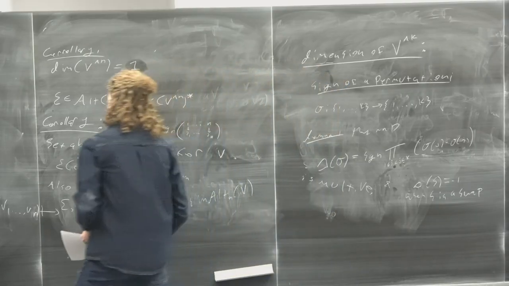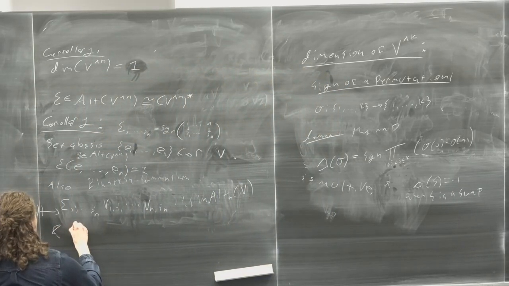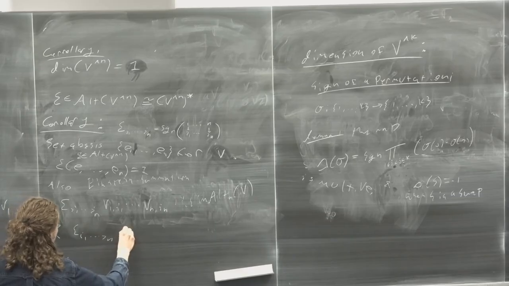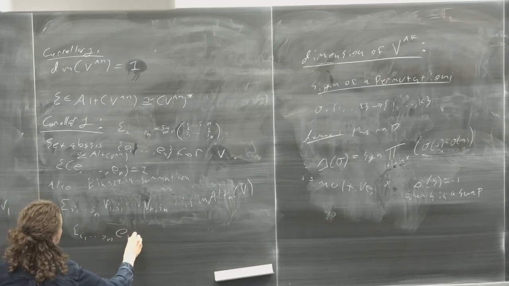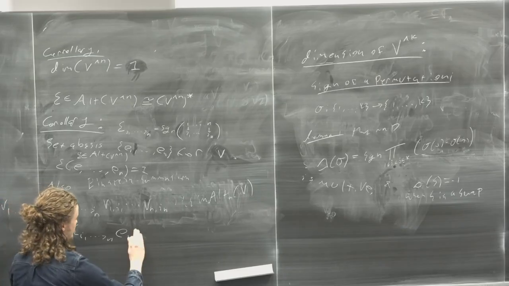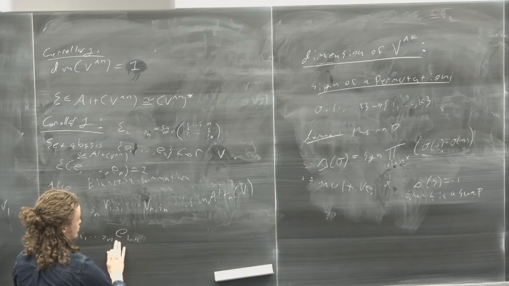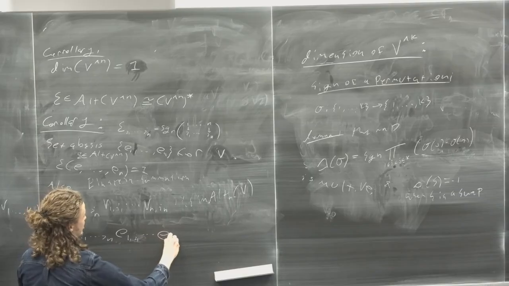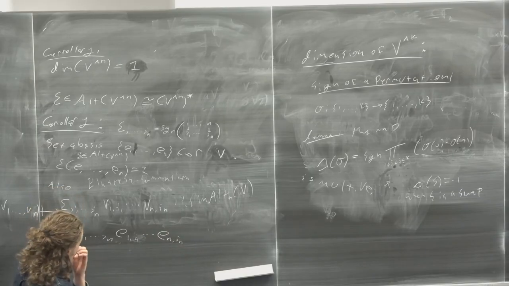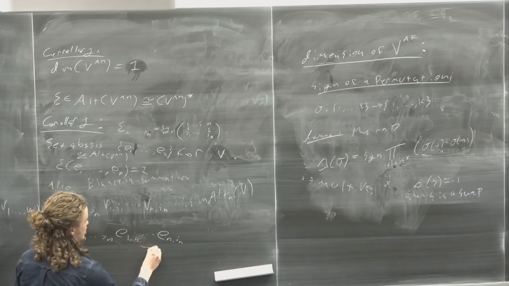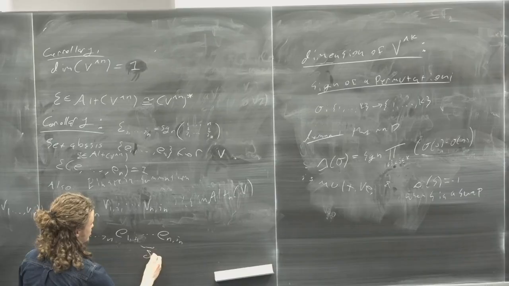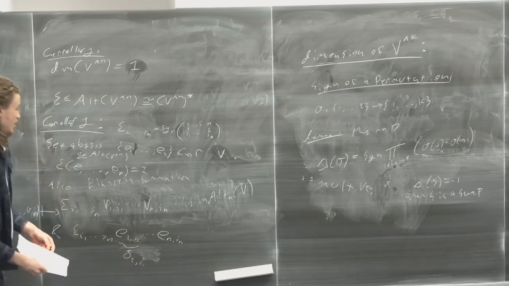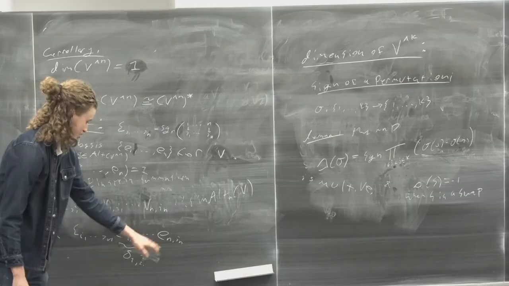And epsilon I1 up to In of E1 I1, this is the I1th component of the first basis vector, multiplied by the En In. One of these things is just going to be a delta, like the first one is delta 1 I1.